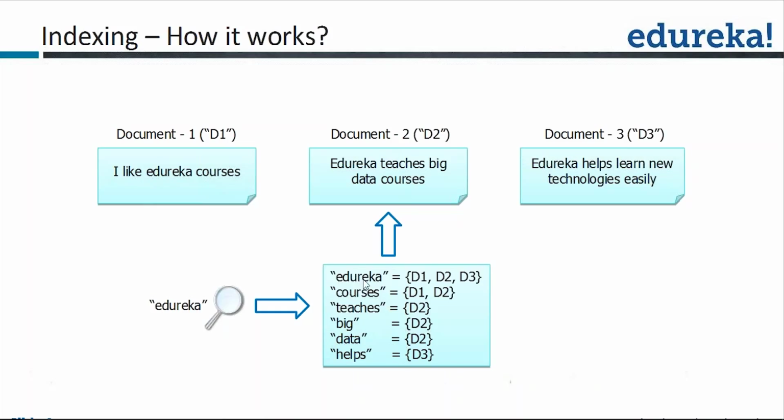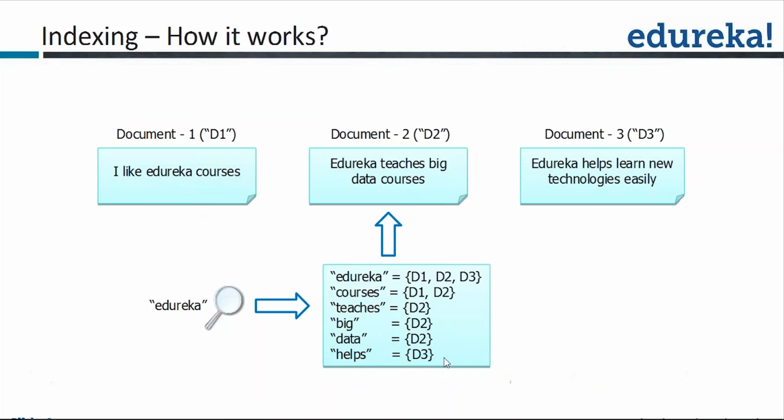Like Edureka is there in D1, D2, and D3, so I store D1, D2, D3 as the document reference. Similarly, courses is there in D1 and D2, that's right. Teaches is there in D2, big is there in D2, data is there in D2, helps is there in D3, so on and so forth.